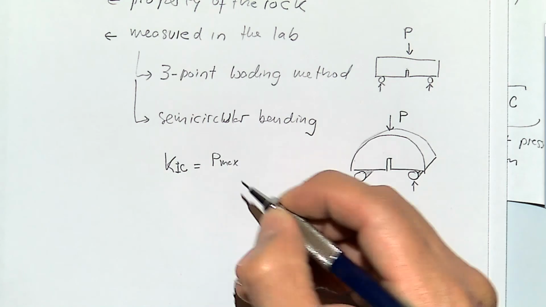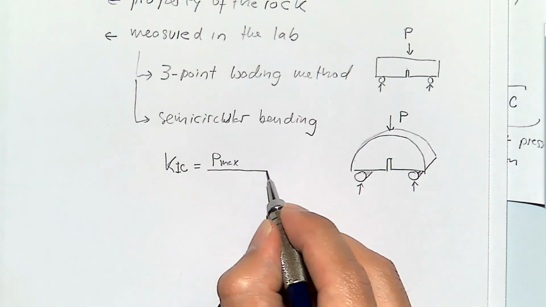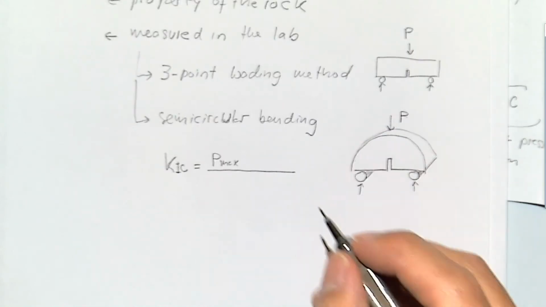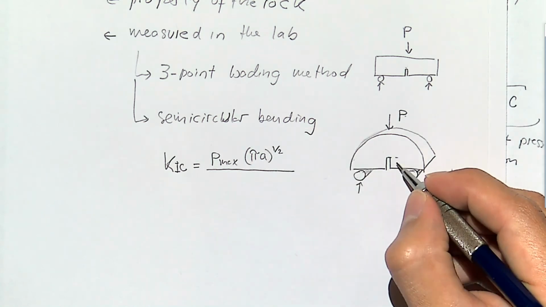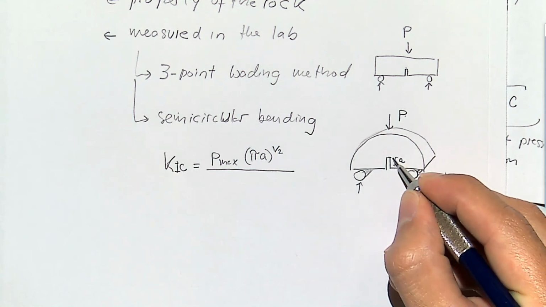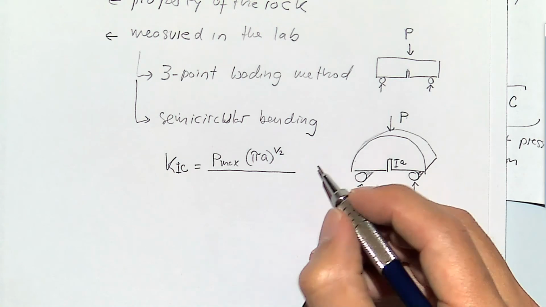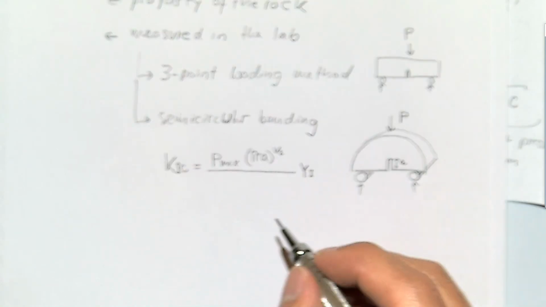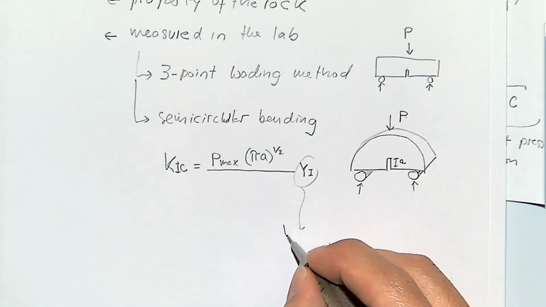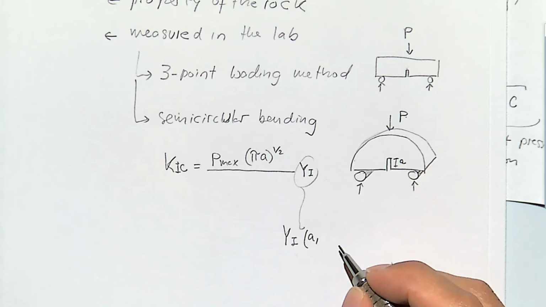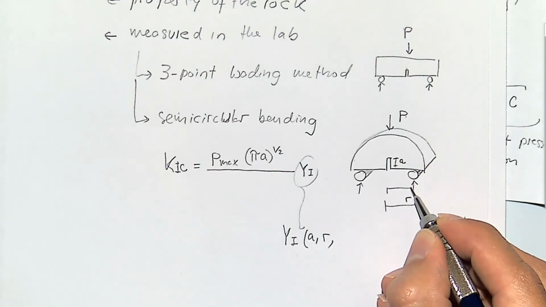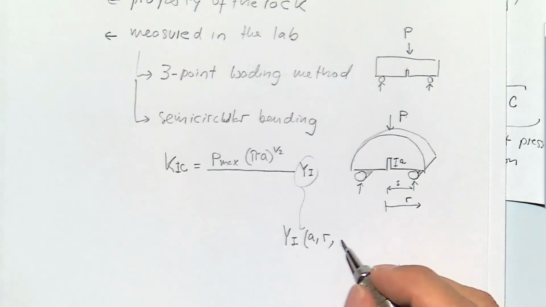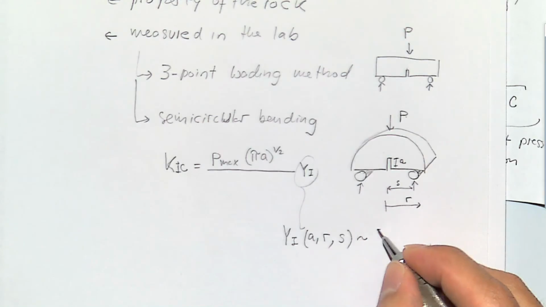and the equation here is that KIC is going to be proportional to the maximum load that you apply, the length of the notch, where this is A, and times a geometric factor that depends actually on the length of the notch, the radius of the sample, and it also depends on the spacing between the center of the notch and where the rollers are, but it's more or less about 5.